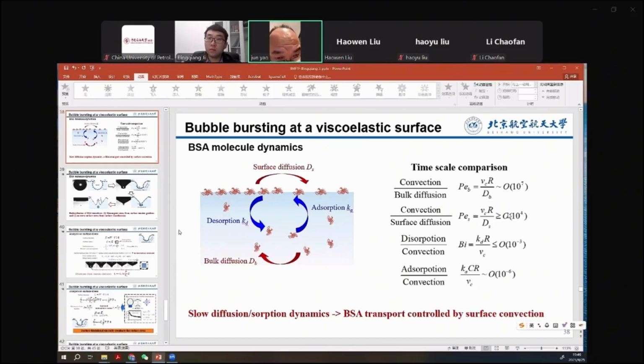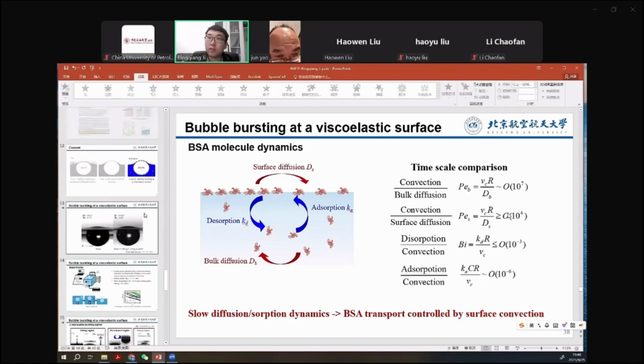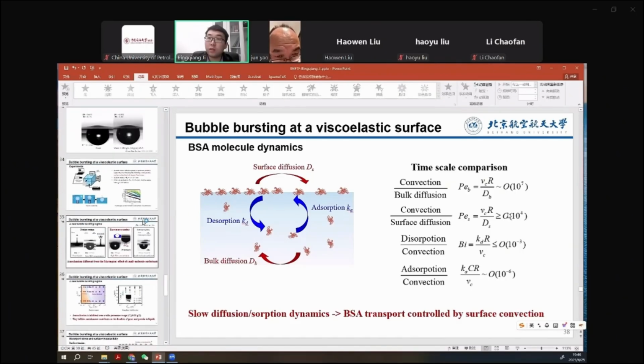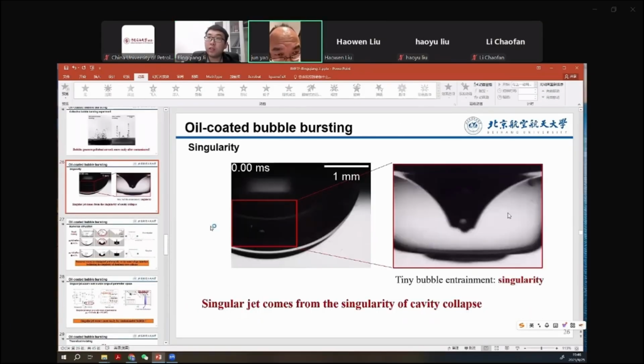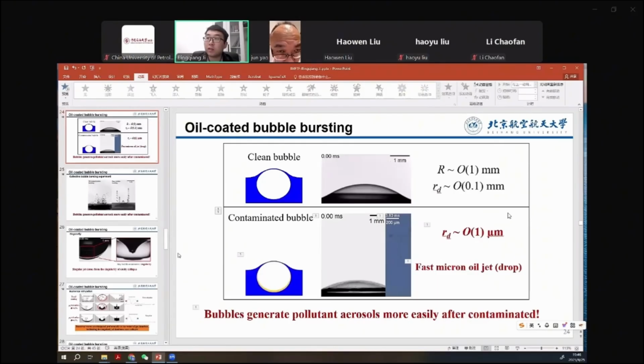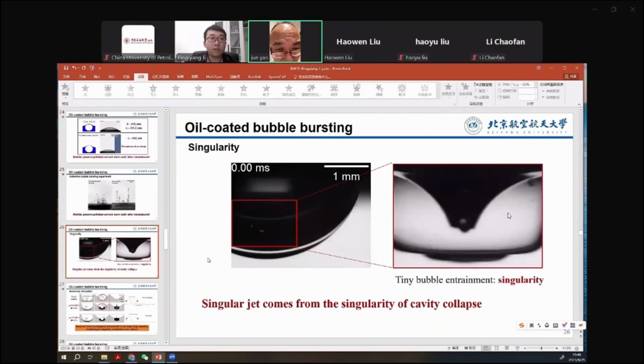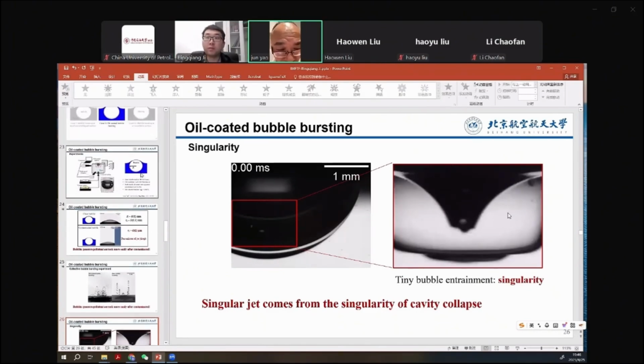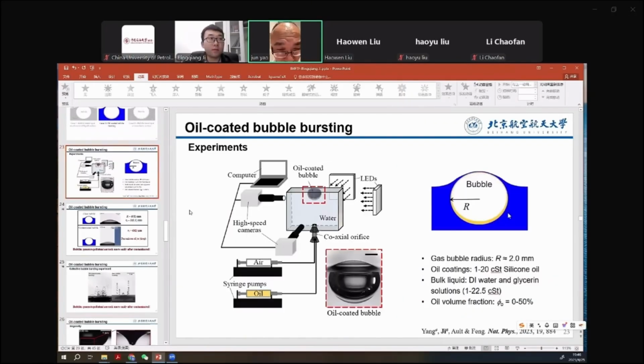Yeah. So when you have oil coating here, the bubble shape may change initially, actually. In this case, what kind of oil? Silicone oil. Do you have some physical properties of it?